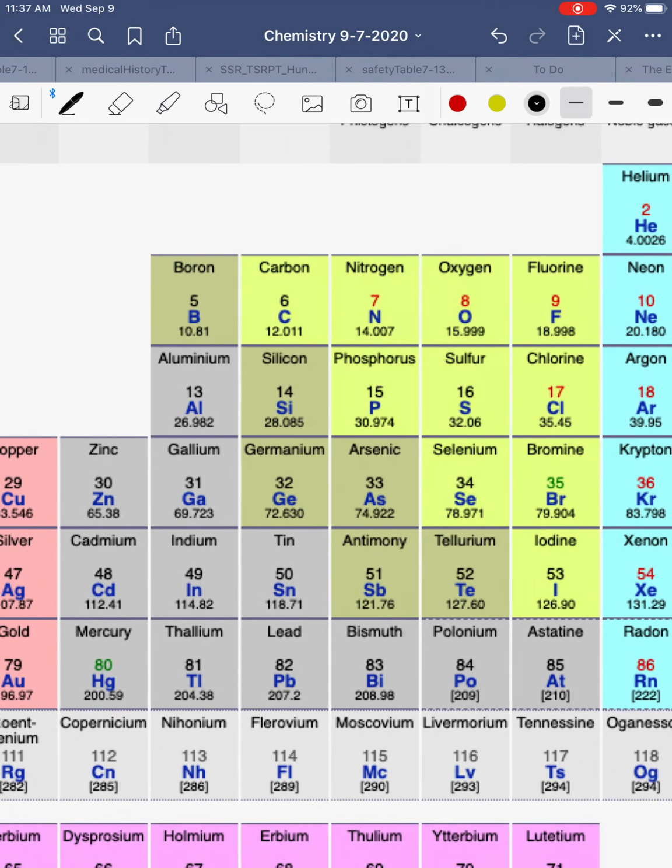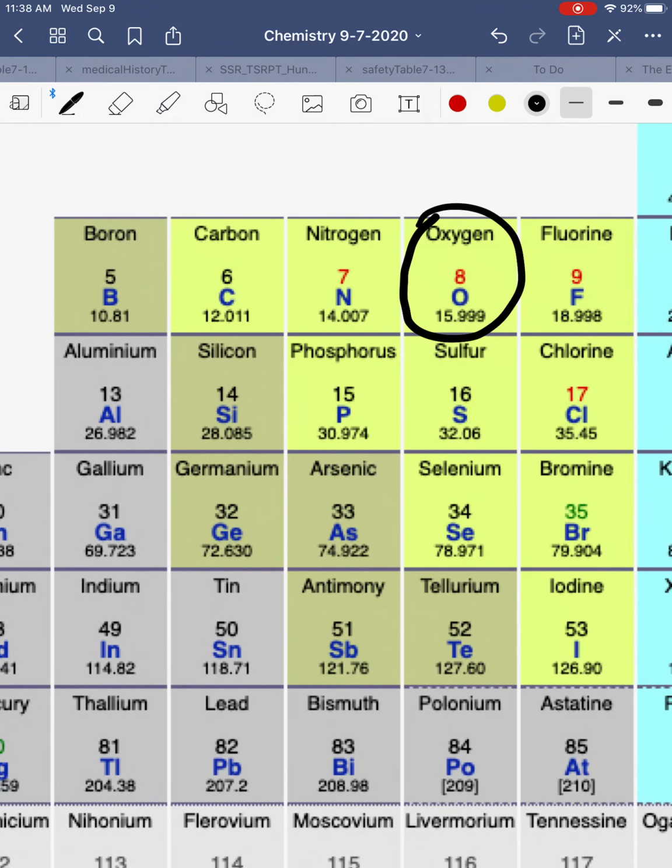And if you look at oxygen on the periodic table, you will see that the number without the decimal is typically the atomic number. It's also the number of protons in the element.